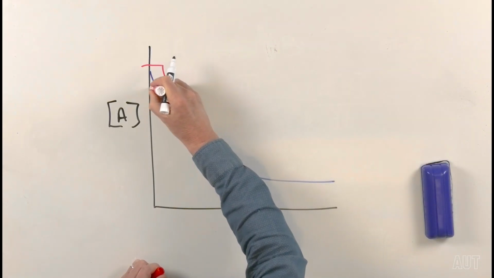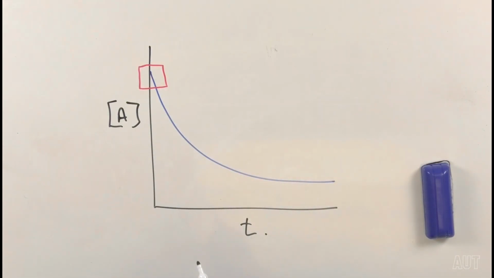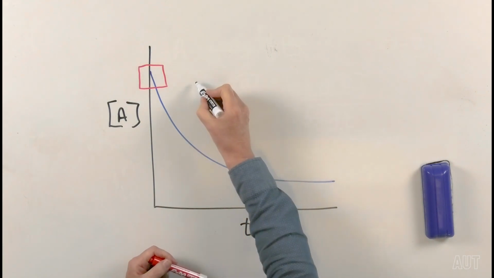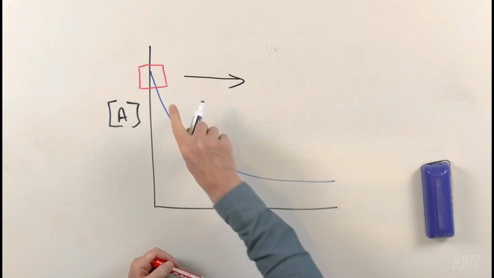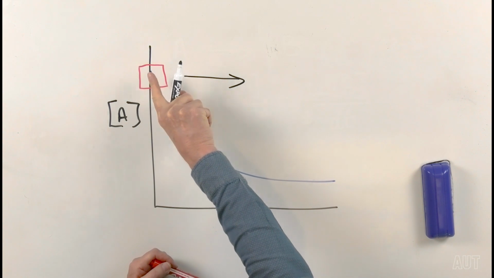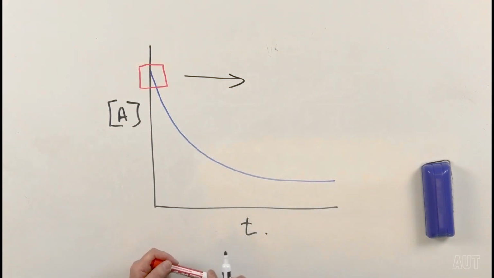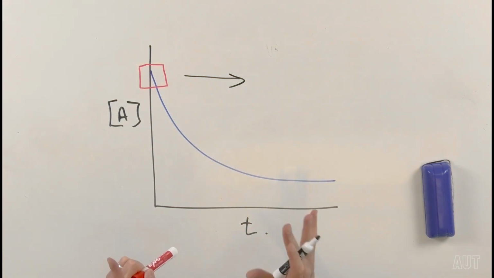Well, the way that we do that, we cheat a little bit. And what we're going to do is we're going to look at this area here. We are going to look right at the start of a chemical reaction. We're going to look right at the start of the concentration versus time curve here.